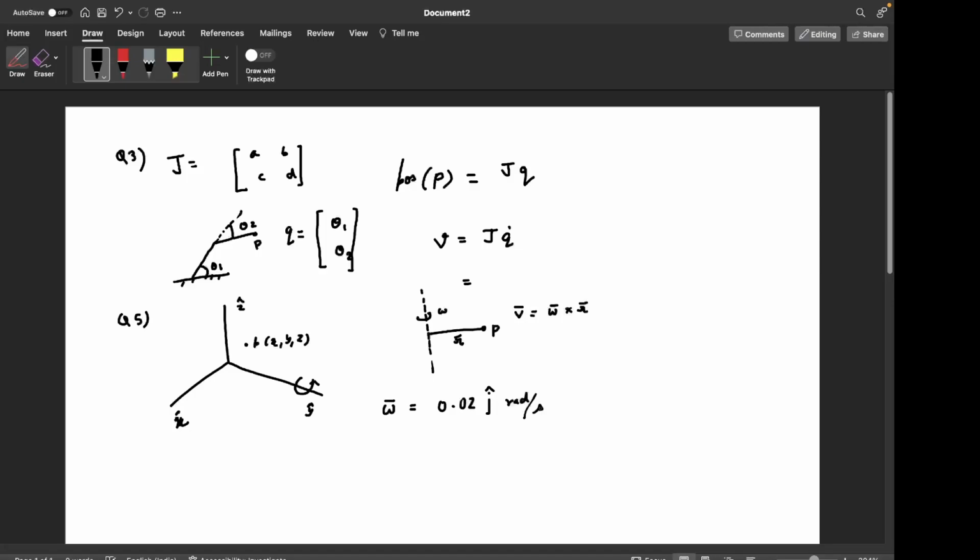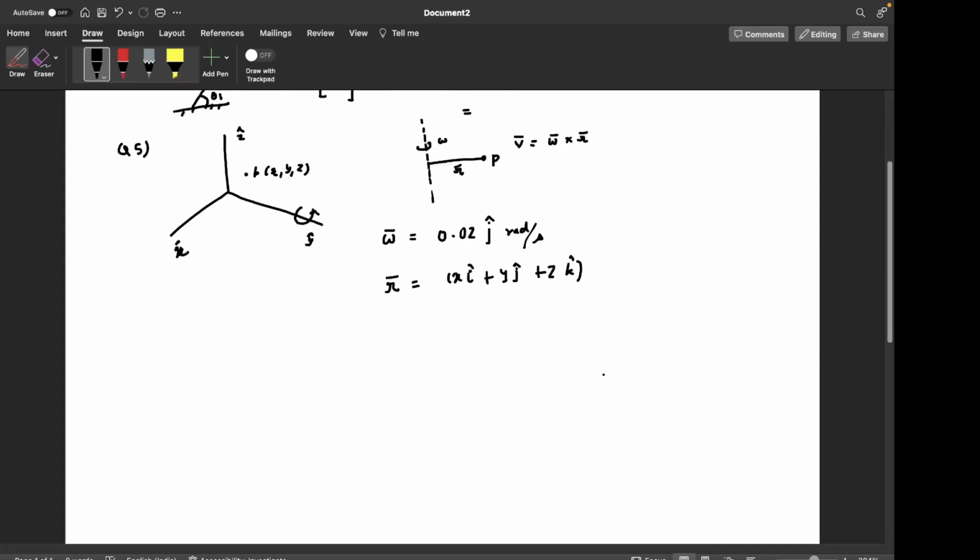And r in the coordinate frame is x i cap plus y j cap plus z k cap. So we have to compute the cross product between these two vectors.